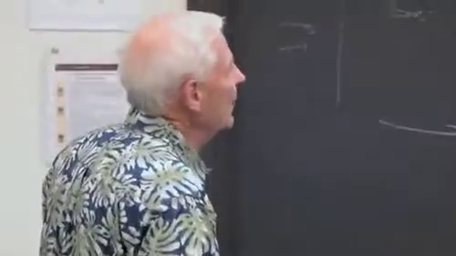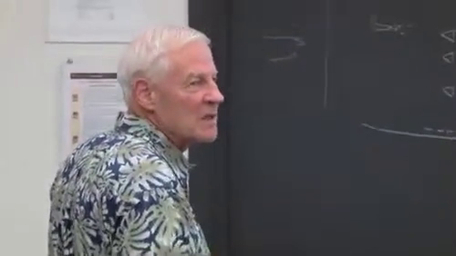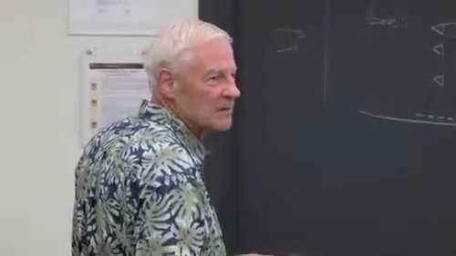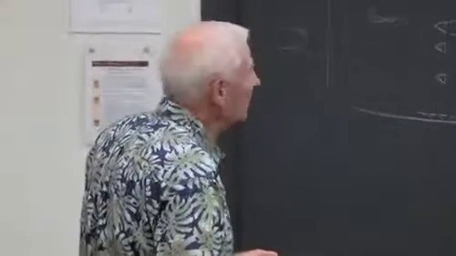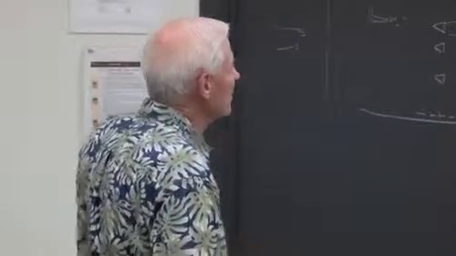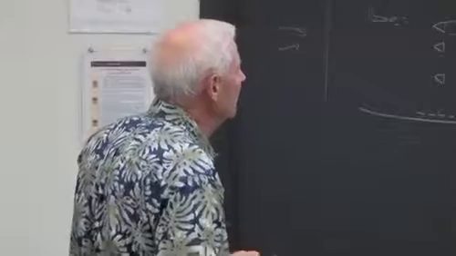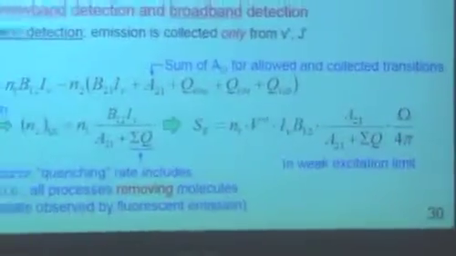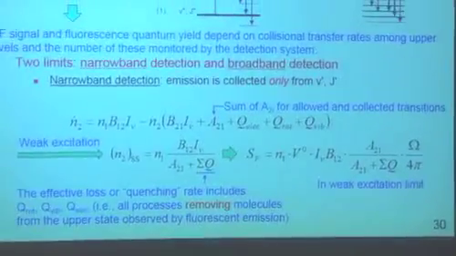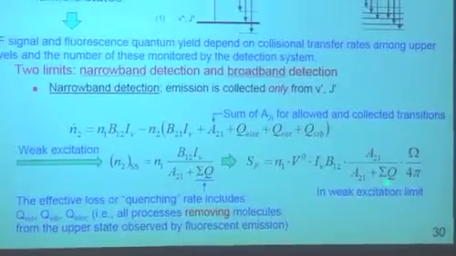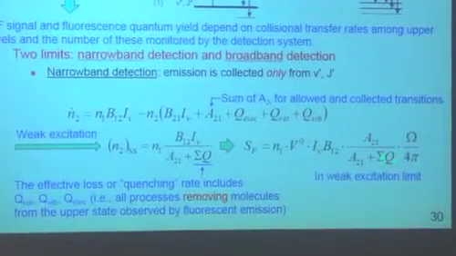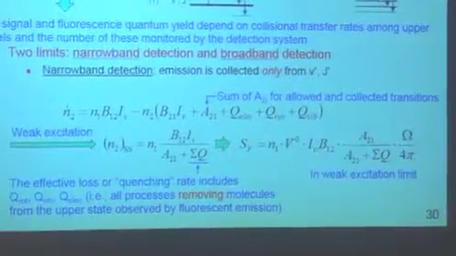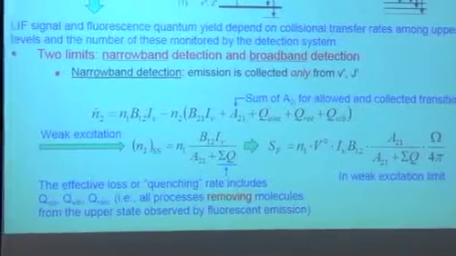I think it's better to have bigger signals with some uncertainty than no signal. So that's my point of view. So I would say, no, let's look at this in another limit. The key point, and it's in the notes, is when you go through this equation, the Q down here is the sum of the Q's that remove you from being observed.